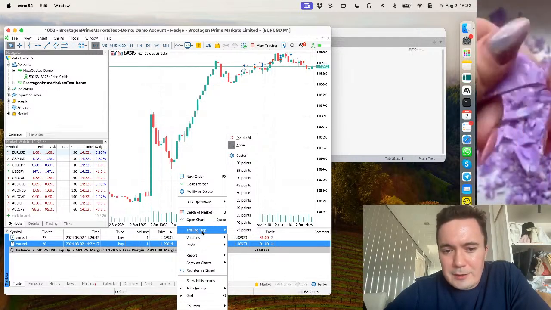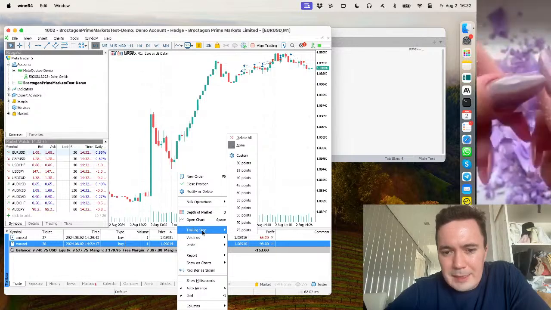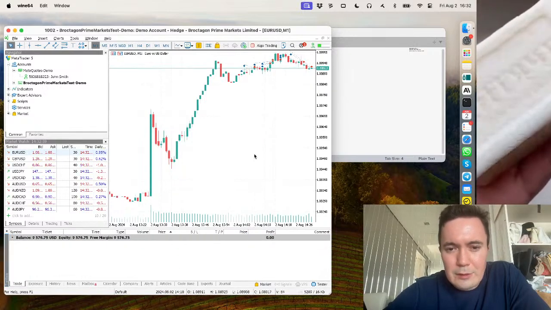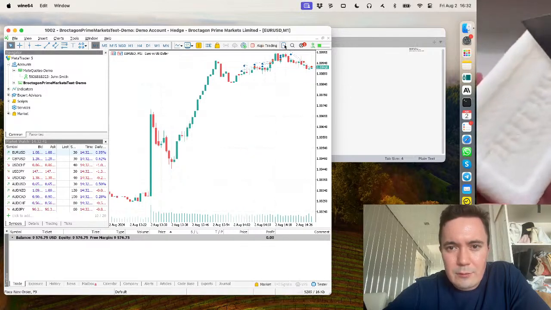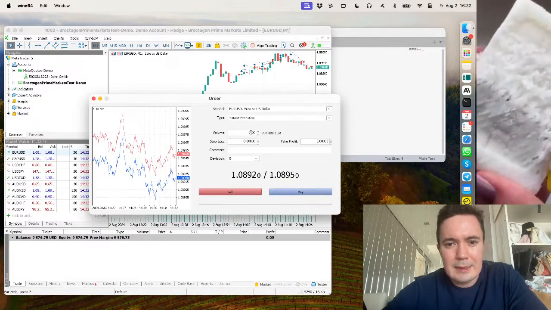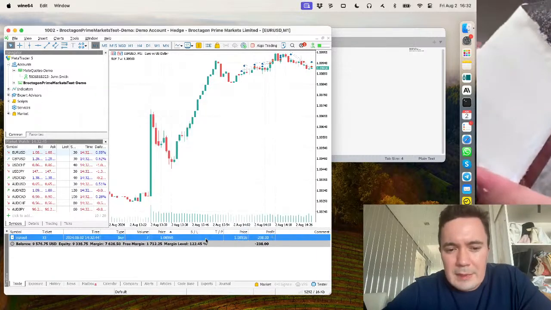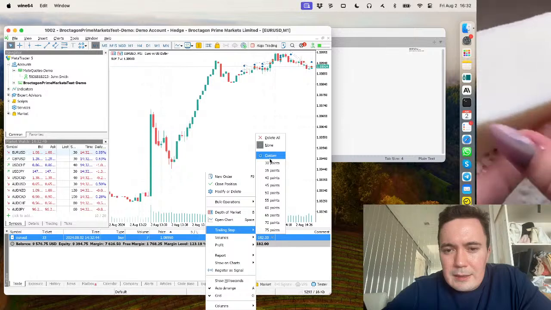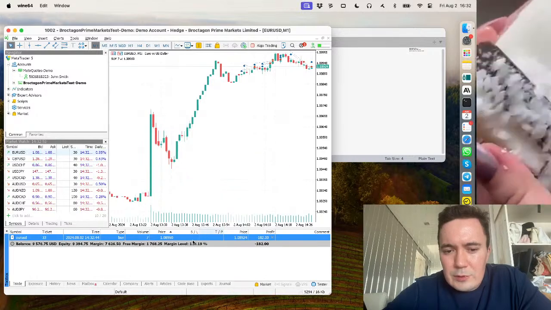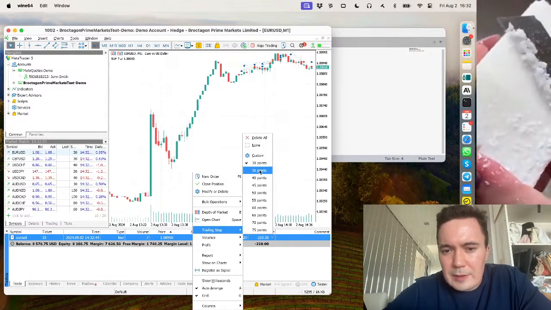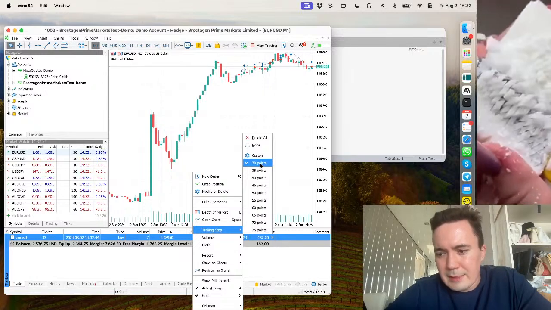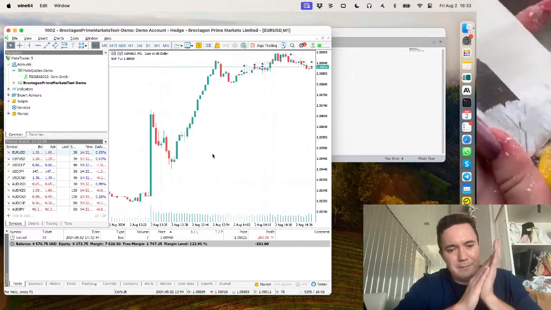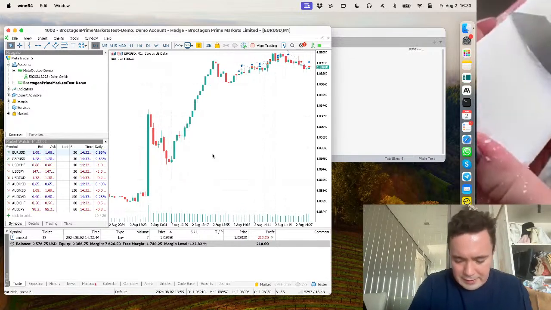So back to trailing stop. Let's start afresh with a new position. Where was it? It says if we use this option, trailing stop, and I set it to 30 points, it means that, let me draw in this case.